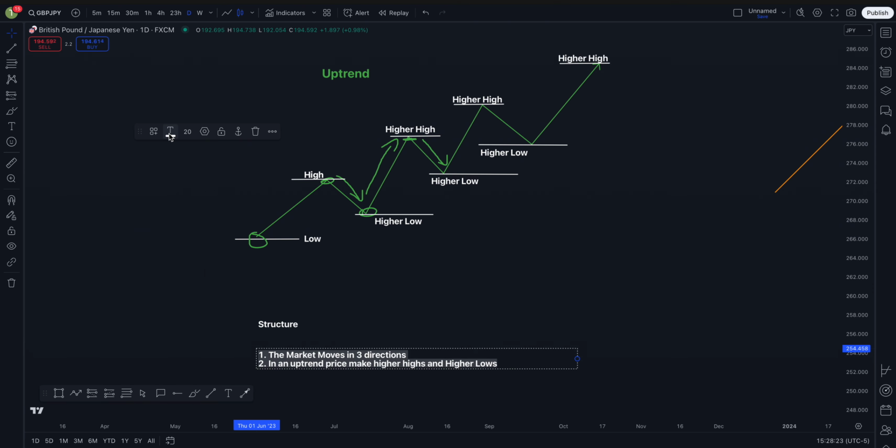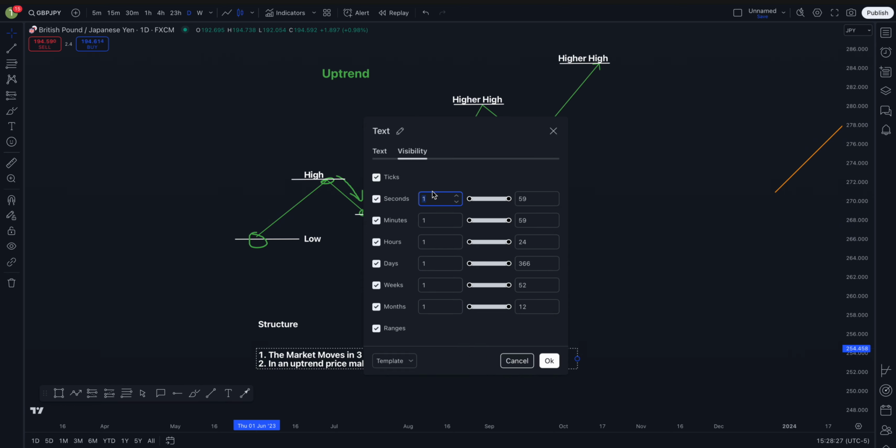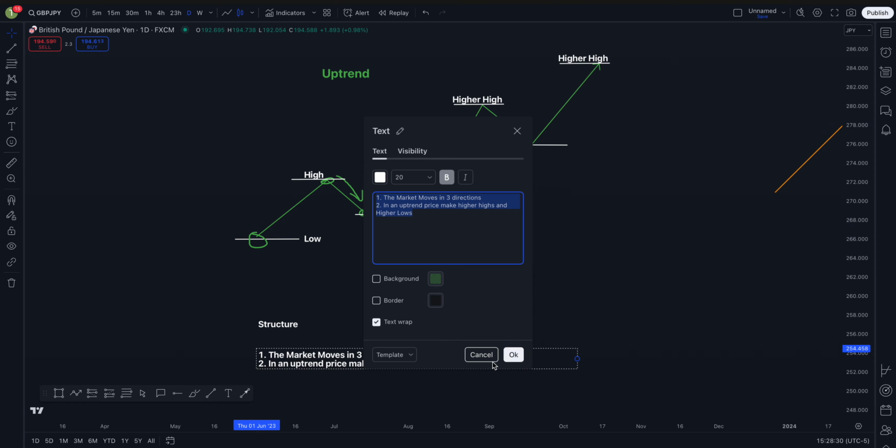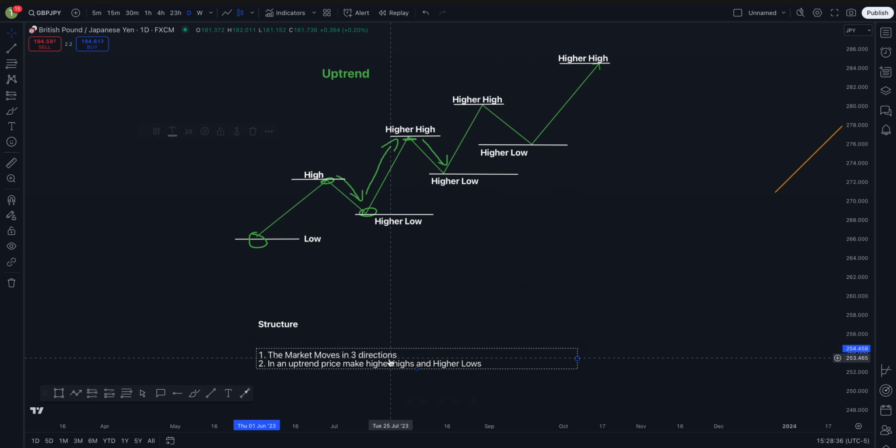That's a very important point when it comes to market structure in terms of the uptrend. So in an uptrend, price makes higher highs and higher lows.